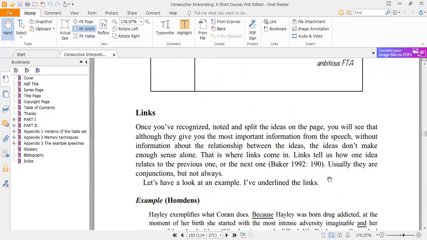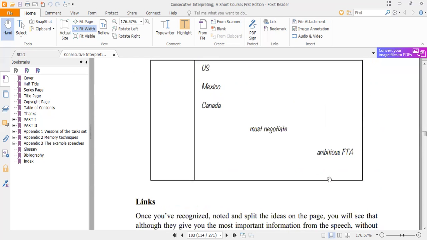Okay, now let us move to links. We have talked about sentences alone, in isolation. So we took the sentence in isolation as a note.